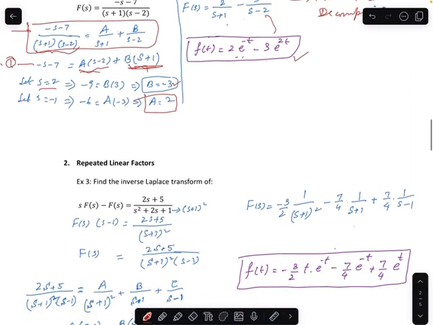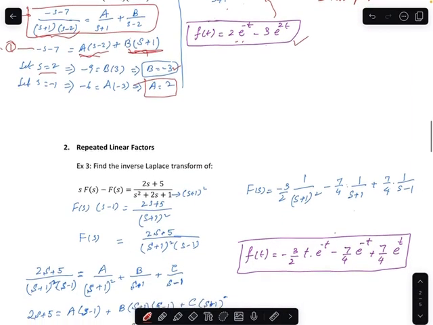Next, if we have repeated linear factors in the denominator. So this is the given problem. Now note here, this is slightly different. On the left side, we see a polynomial in s times F of s, and the F of s can actually be factored out.